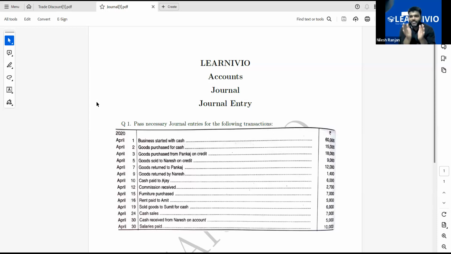You are combining these two things together. Salary is a nominal account and cash is a real account. Cash is already going on the credit side. For salary, you have to apply the rule of nominal account. You don't think about cash going. Salary is a nominal account and it is an expense. That's why it is debited.